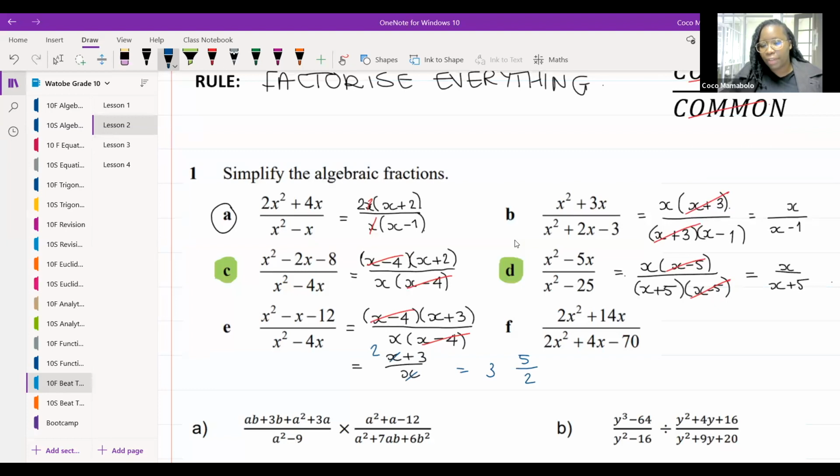So you're telling me that 5 divided by 2 is equal to 3. That's not true, right? Okay, so that's why we don't cancel. If we've got x plus 3, we can't cancel them. They're not the same thing. We have to just leave it exactly the way it is. That's why the answer stays as x plus 3 over x.